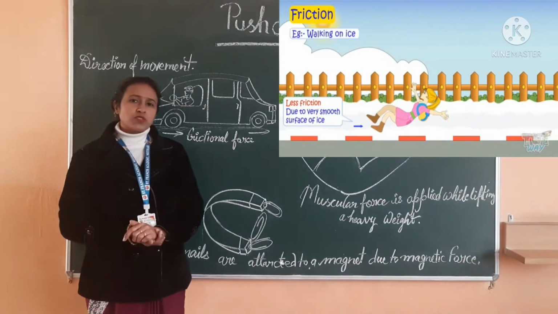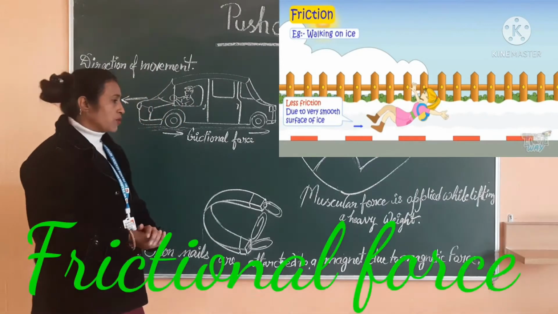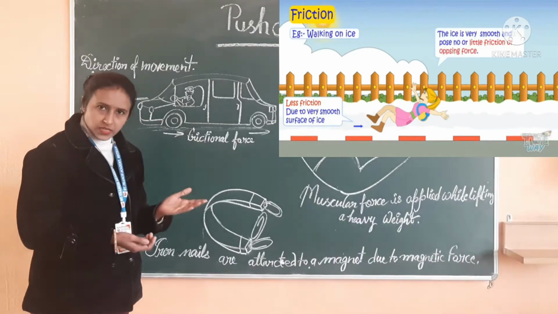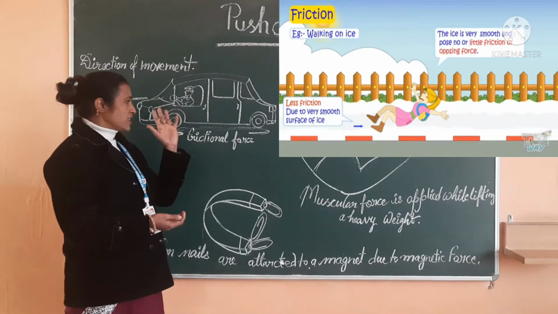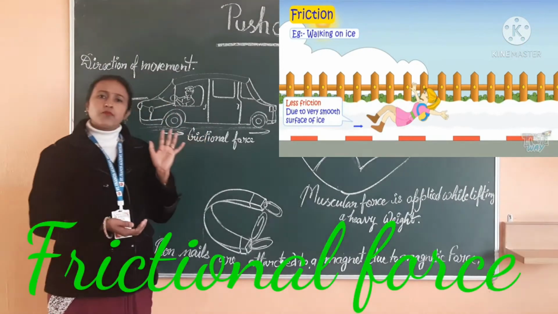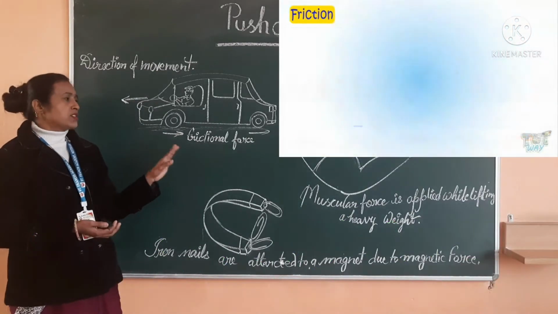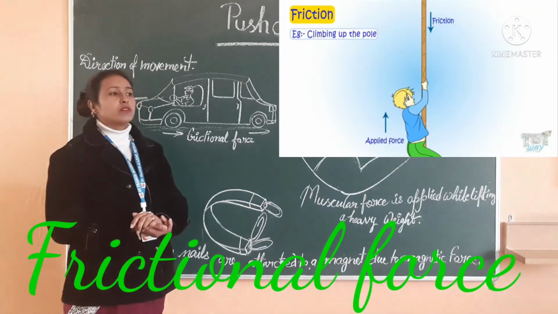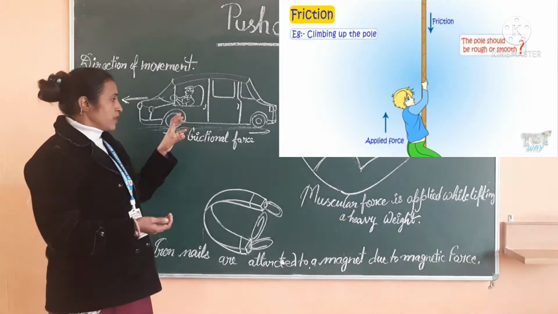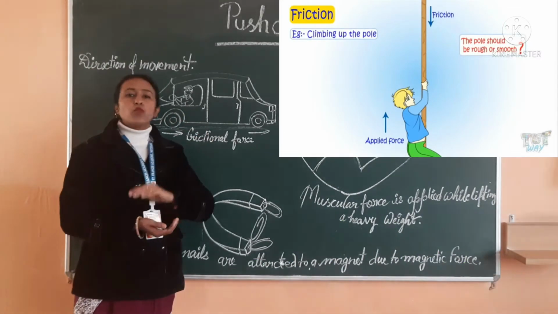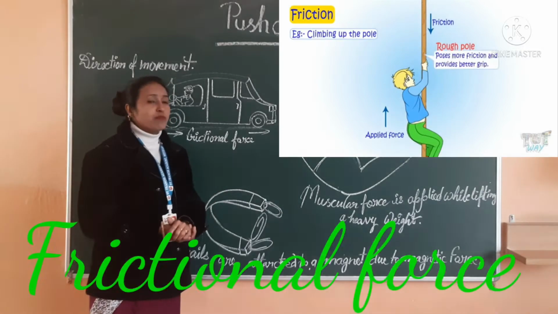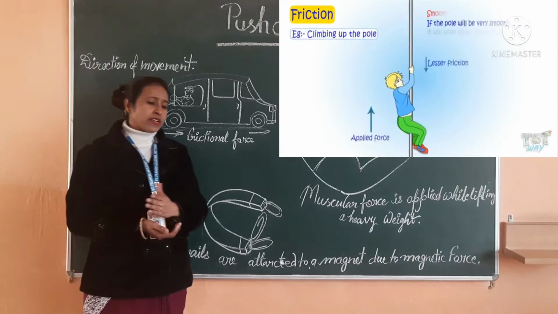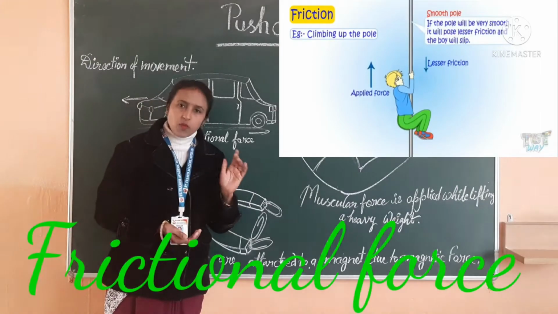So frictional force is very important for us because it is helpful for the movement of any object. The three things we can say about frictional force: it acts opposite to the direction of movement of the object; when it is reduced, the object moves smoothly; but sometimes it is hazardous, like when oil or water is spilled on the floor.